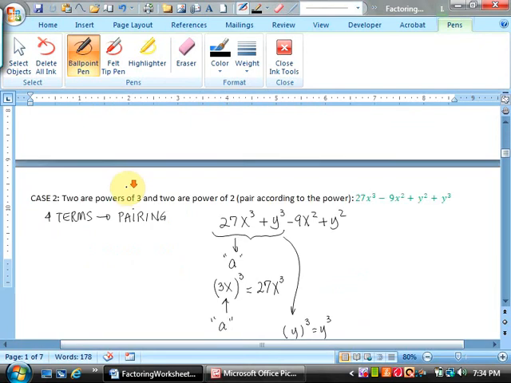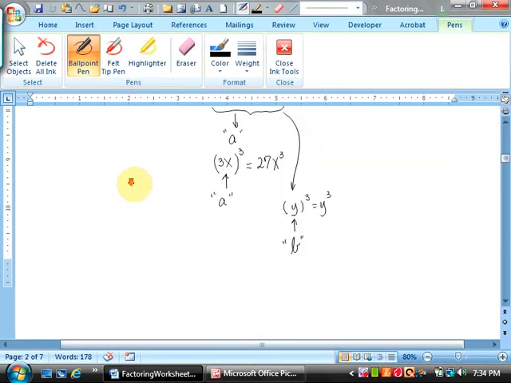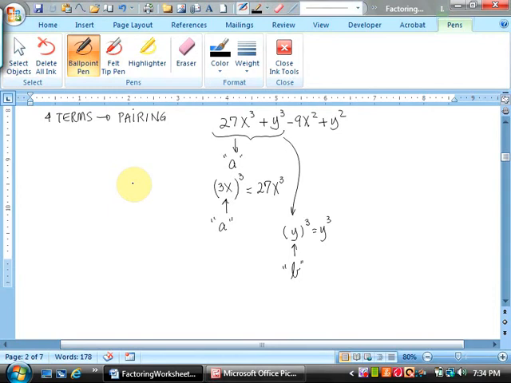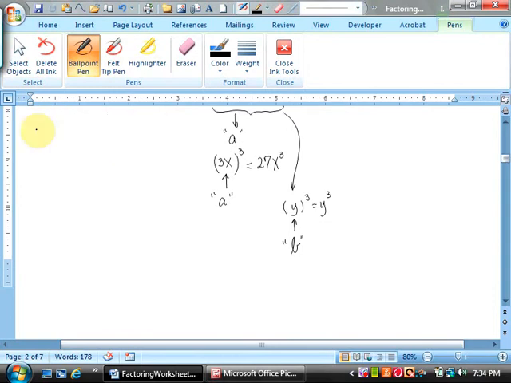So back here, let's write this model again so that we don't forget what the model is. The model is A cubed plus B cubed equals A plus B, close parentheses. Now we take A squared. Note, I have A plus B, so the sign is going to flip. It's going to be a minus.